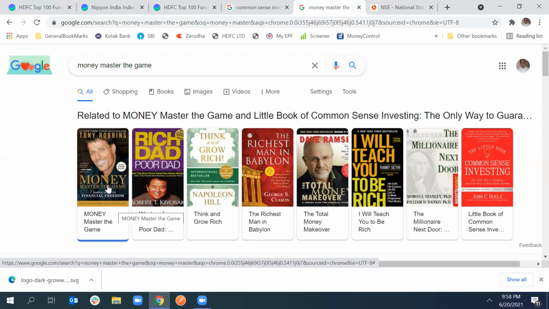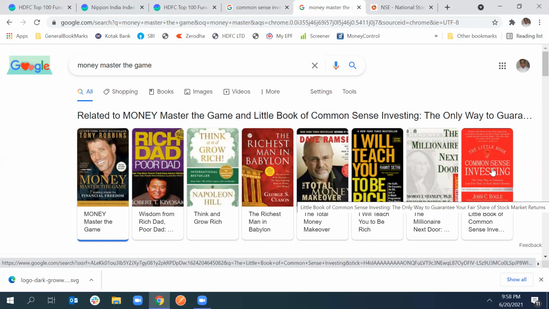There are so many other great books, but I'm recommending you read these two: Money Master the Game and Common Sense Investing by John C. Bogle. These books are predominantly talking about a risk-less investment approach or strategy.